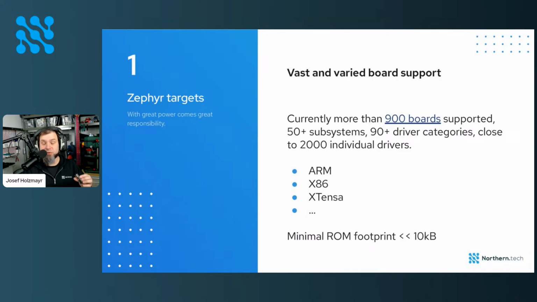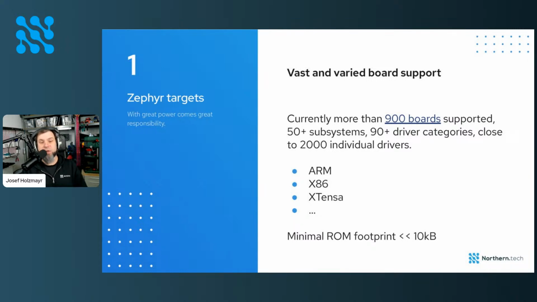Zephyr has grown tremendously over the last couple of years because it's reasonably easy to add boards or customizations. At the moment, I checked this yesterday, Zephyr supports more than 900 boards, has more than 50 subsystems, 90 driver categories, and is approaching 2,000 individual drivers. A driver can be for any peripheral like a data acquisition thing, a networking chip, whatever.